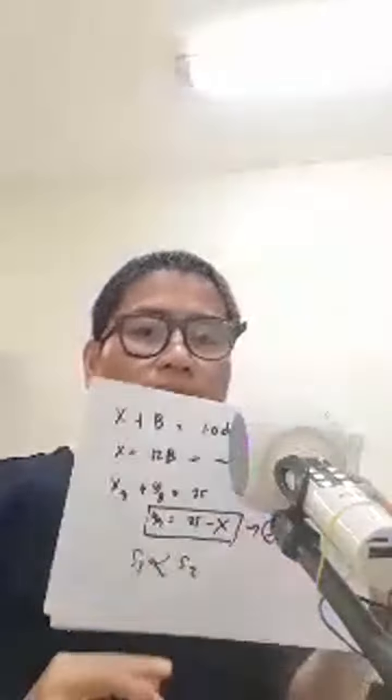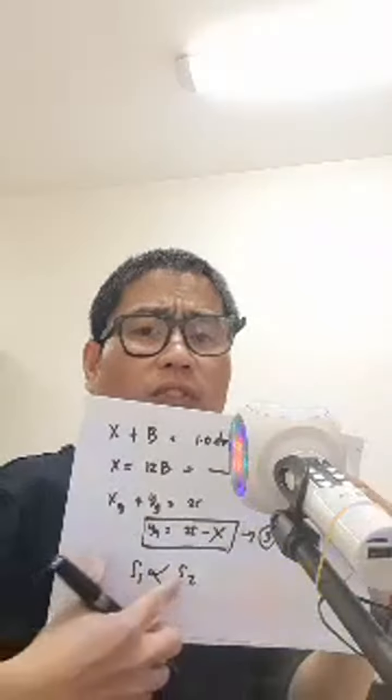You ratio it because of the direct proportionality. Okay, in theory, S1 is directly proportional to S2. And S1 is solubility, and S2, if you ratio them, that will be the partition coefficient or the distribution coefficient K.